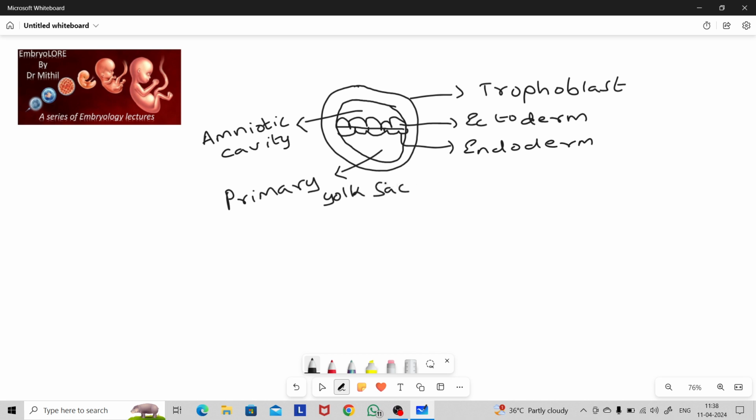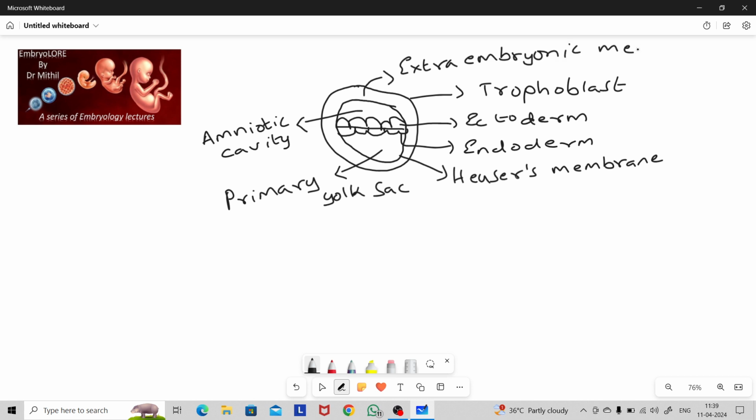So now after this, the Heuser's membrane. Here this is the Heuser's membrane. And after this, what happens is that this layer here, this is the extra embryonic mesoderm.